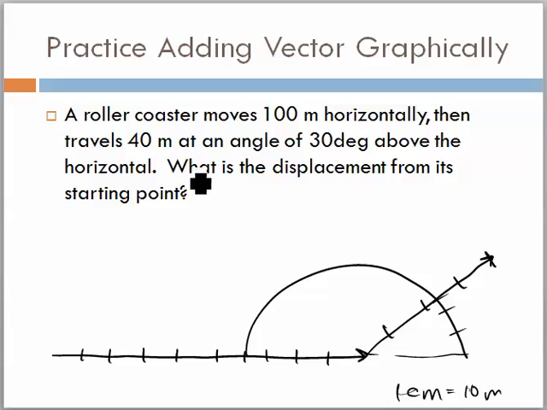So the question asks, what is the displacement from its starting position? Meaning, how far is it from its original position? Well, the red vector I'm drawing in here, the red arrow, represents the displacement. We would take our ruler, and I'm just going to draw in lines here right now, and we would measure it.